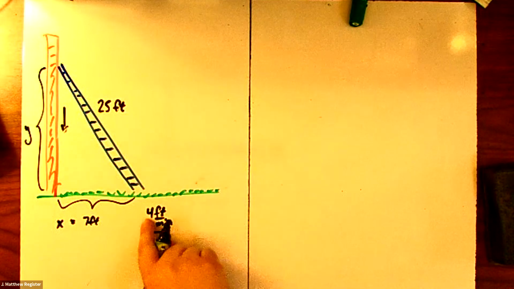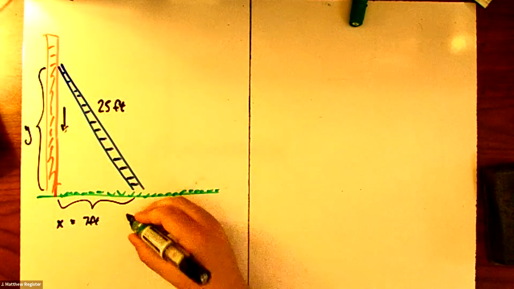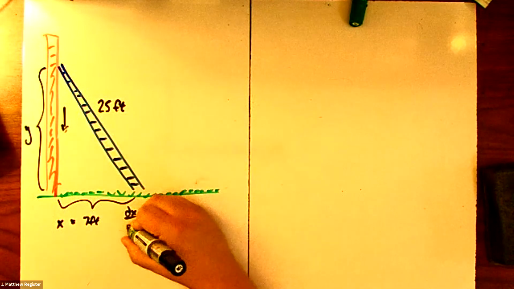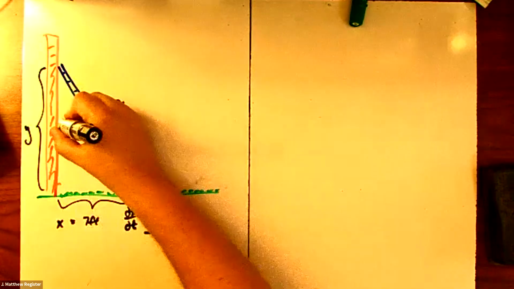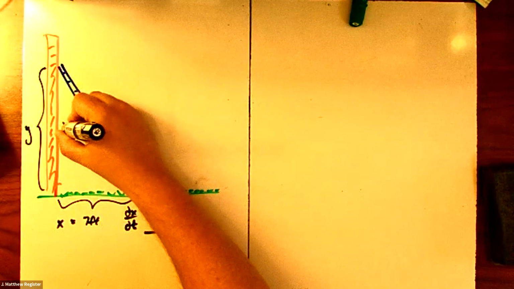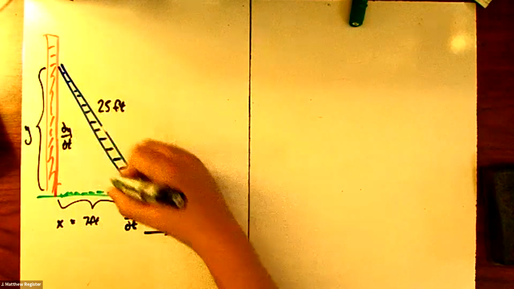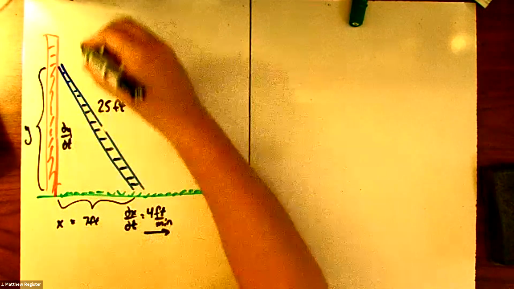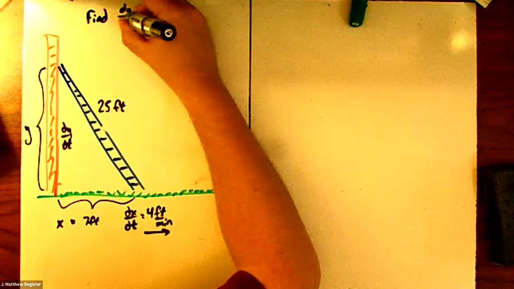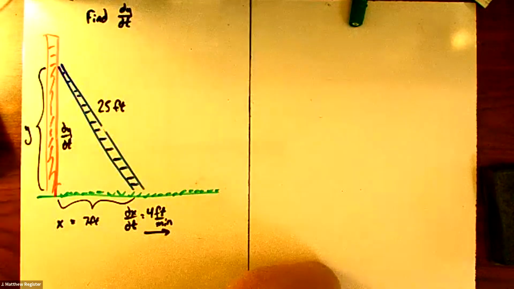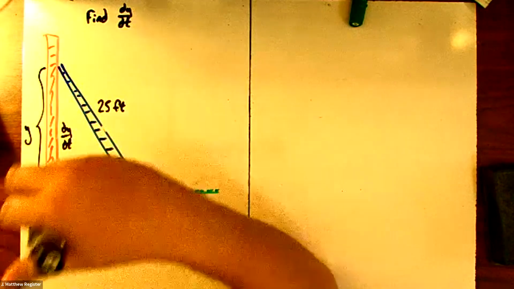Well, in that case, this 4 feet per minute is going to correspond to dx/dt. And this rate going down is going to be related to dy/dt. And what we're being asked to find is dy/dt. And so there's our picture.